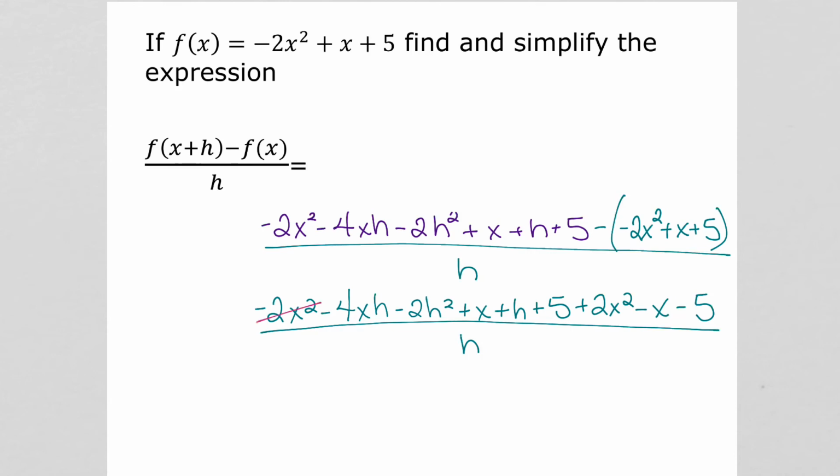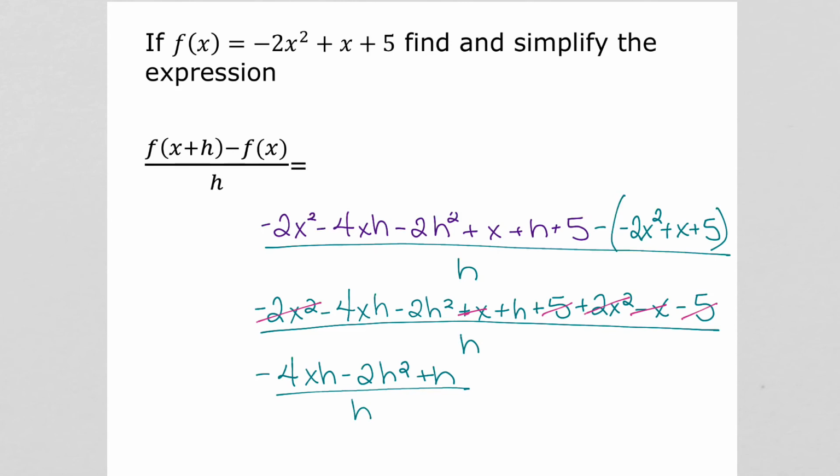Negative 2x squared and 2x squared go away. Positive 5 and negative 5 go away. And x and negative x go away. So we're left with negative 4xh minus 2h squared plus h, over h.